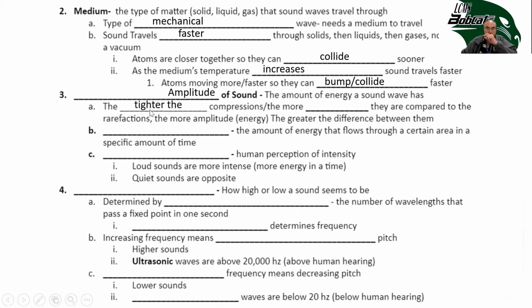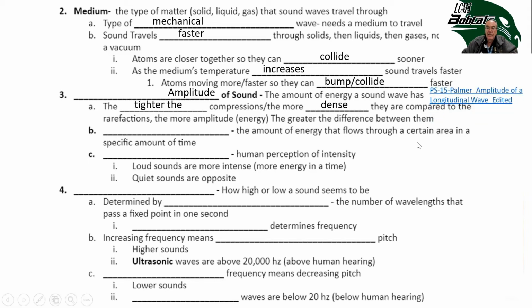So as we said before, the tighter the compressions, the more dense they are compared to the rarefactions, the more amplitude or energy the sound wave has. I put in here, the greater the difference between them. High amplitude sound waves have really dense compressions and very loose rarefactions.